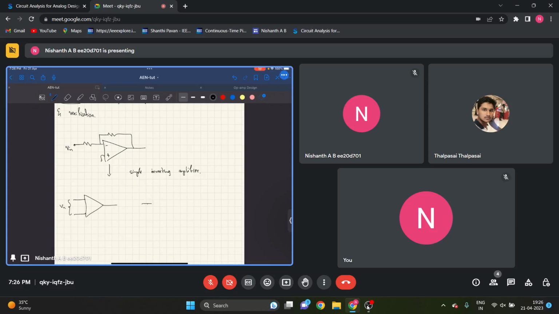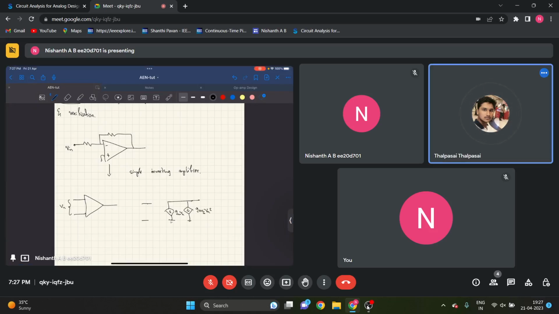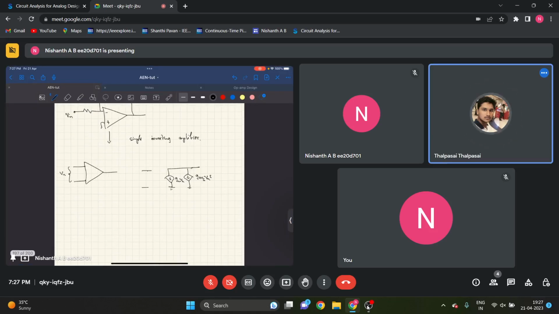So the output is Gm Vx plus Gm3 Vx cube. Okay? Fine. Feedback resistance.